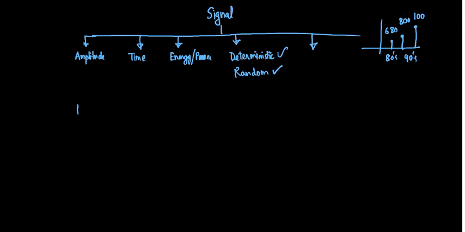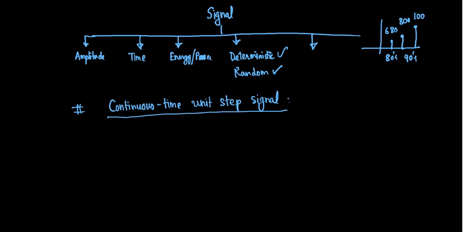So the first signal is called the unit continuous time unit step, defined by u of t.